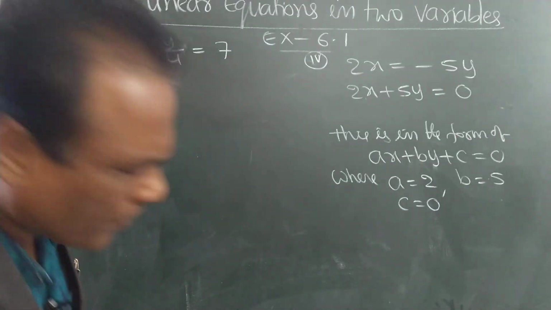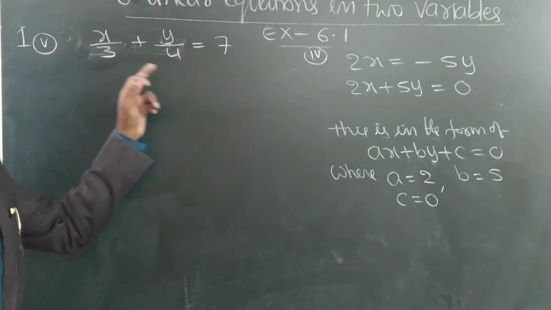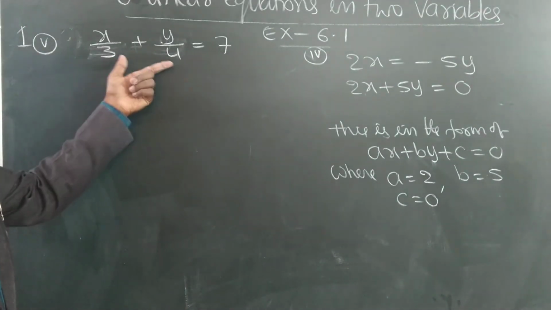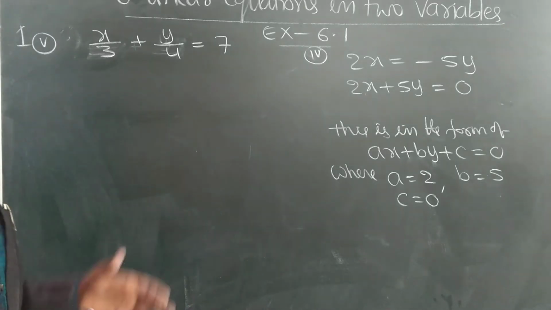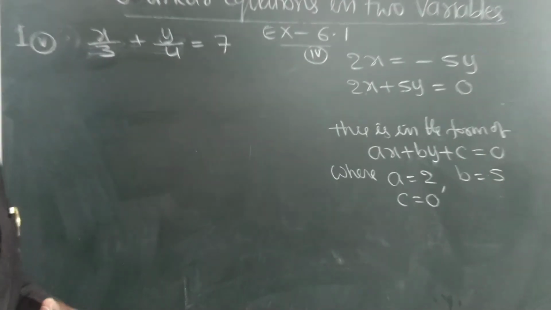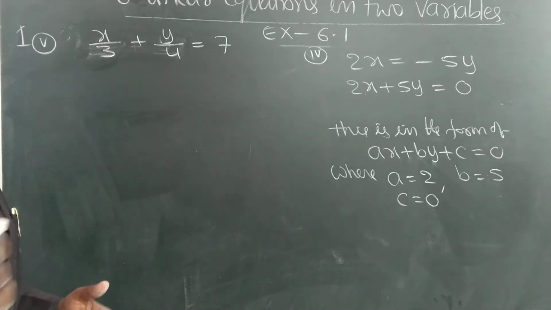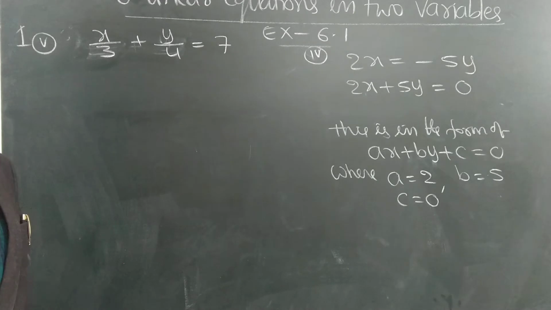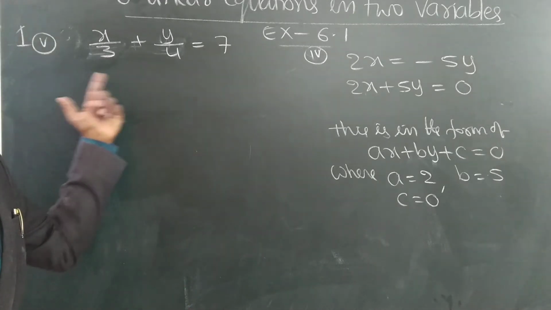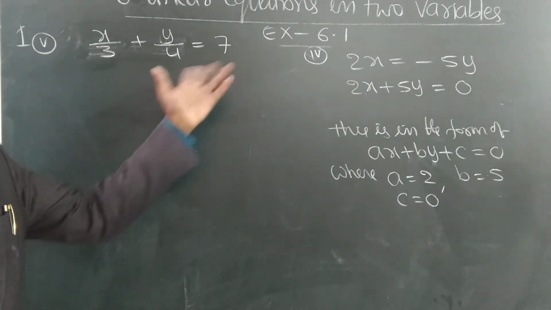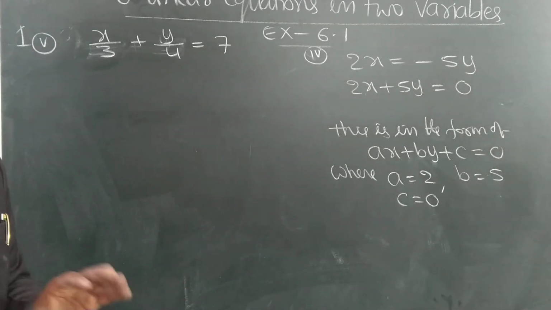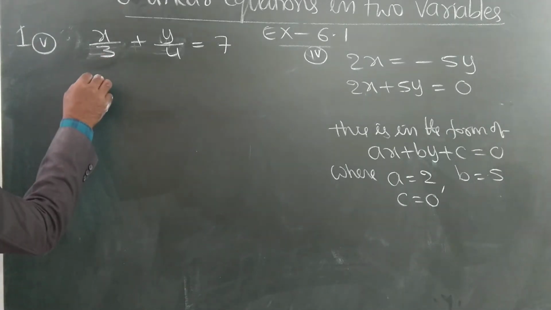Actually, when this type of fractions are given, we have to simplify. Take the LCM 12, we have to simplify. But here the simplification is not asked, and even in the textbook question and textbook answers, this is not in the simplified form. So actually we simplify this type of equation. We don't keep the fractions. We take LCM and we simplify. But in the textbook answer, it is not simplified. So write as it is.